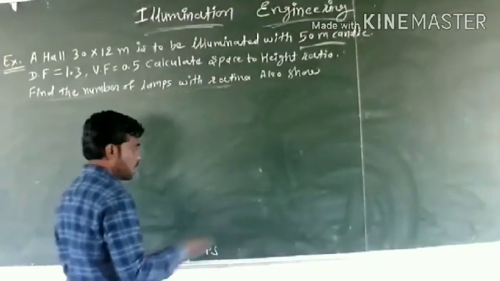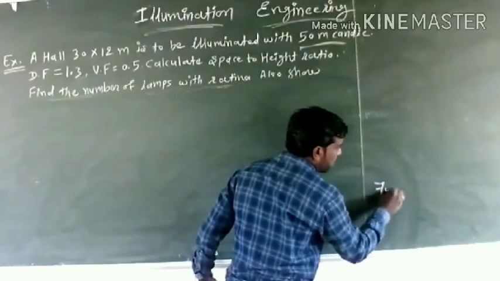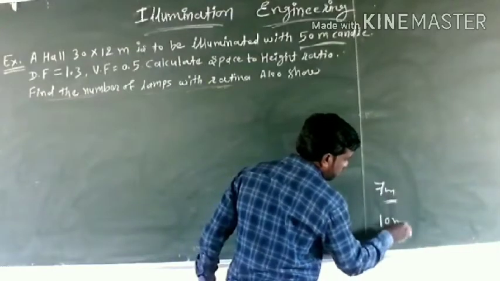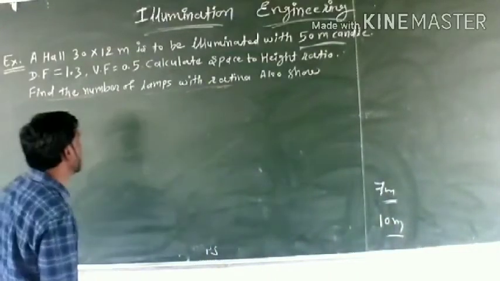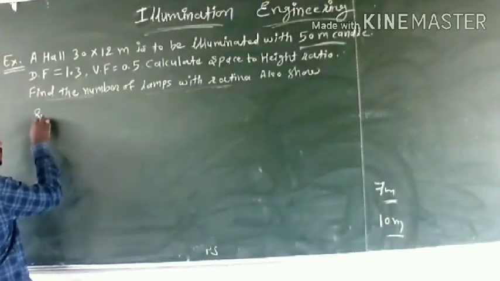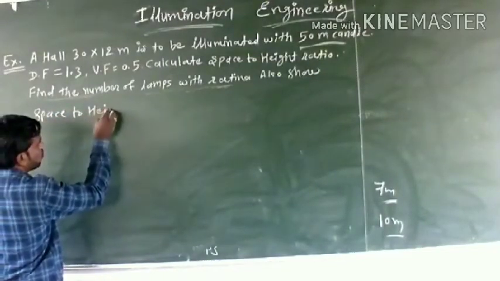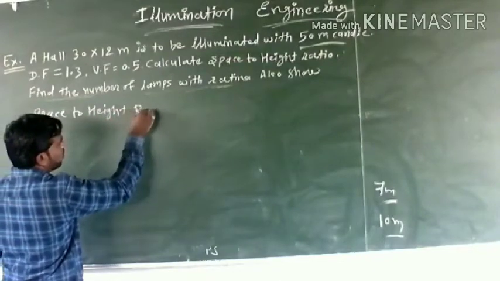So here in width, the distance between the two lamps is 7, and the distance in width is 10 meter. Okay. Now, space to height ratio.